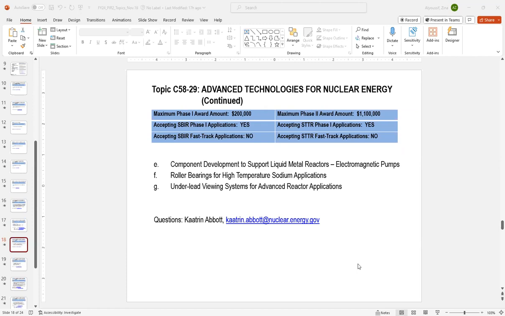One of the important maintenance items for these is being able to perform in-service inspections periodically of systems and components that are submerged inside the reactor vessel coolant. The coolants for these liquid metal reactors are opaque, and thus non-optical methods need to be developed and used when performing these inspections. The potential areas of collaboration for this topic area include, but are not limited to, the development of an under-lead viewing system for performing in-service inspection of reactor vessel internal structures.